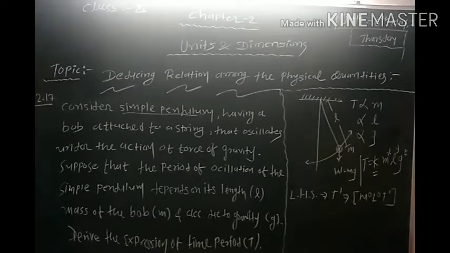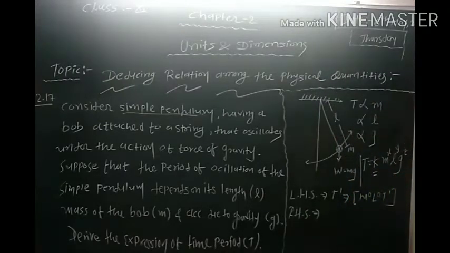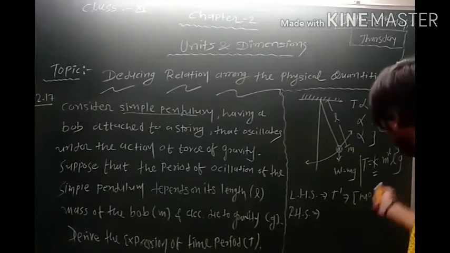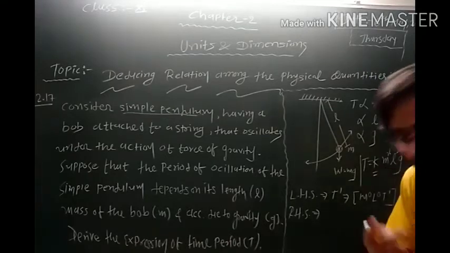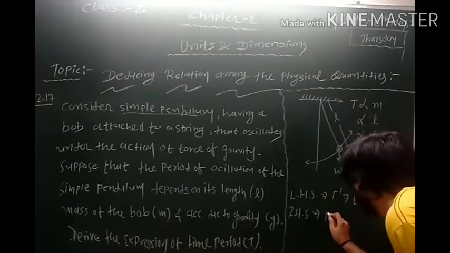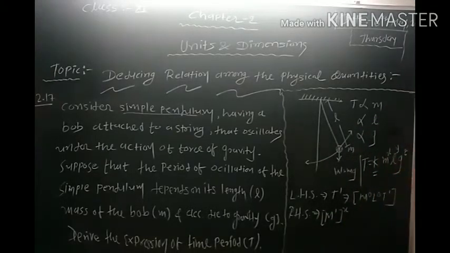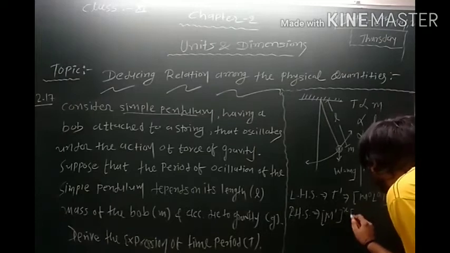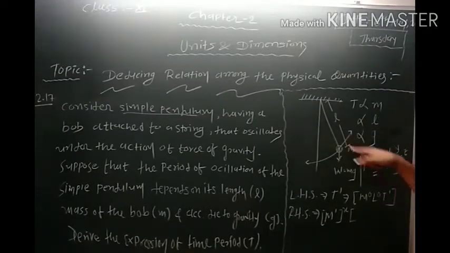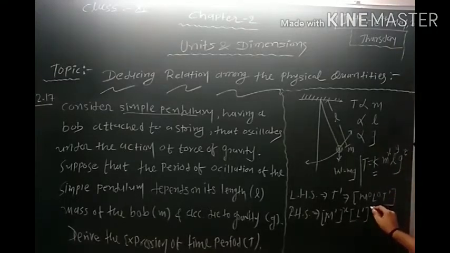Now we take the right hand side. The dimensional formula of the right hand side can be written as m raised to x. m is the mass of the bob, which is measured in kilogram, so we write m raised to 1, or x, some arbitrary exponent x, y, z. And L is the length of the bob, which is measured in meter, so we write L raised to 1 and y also.